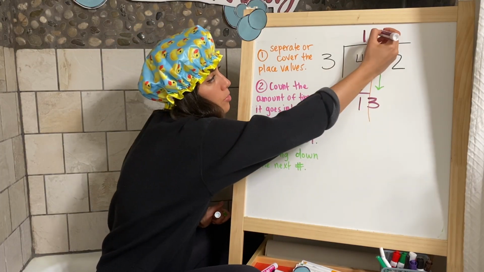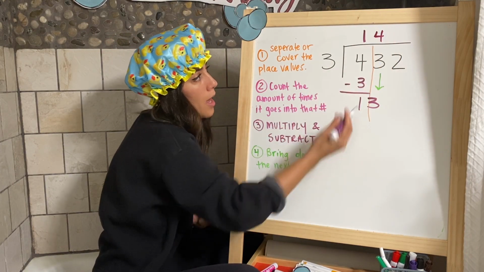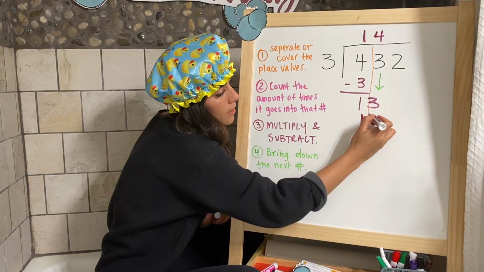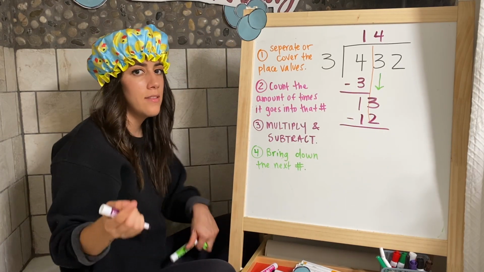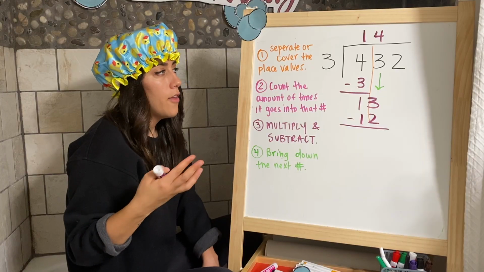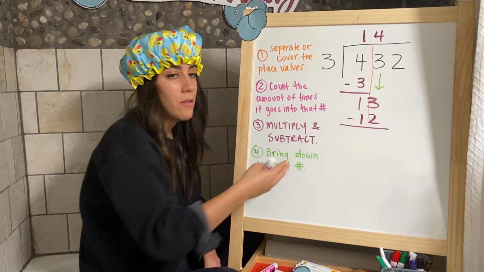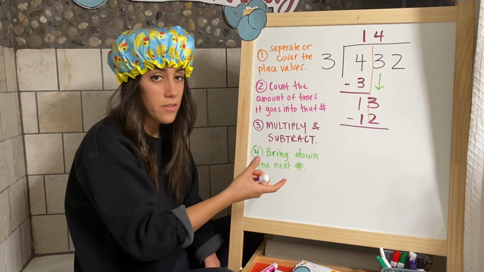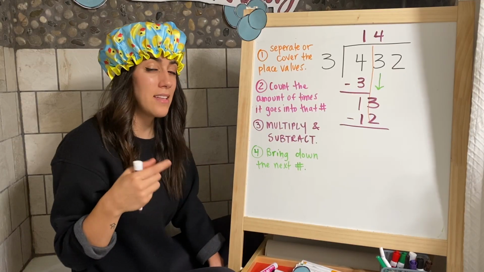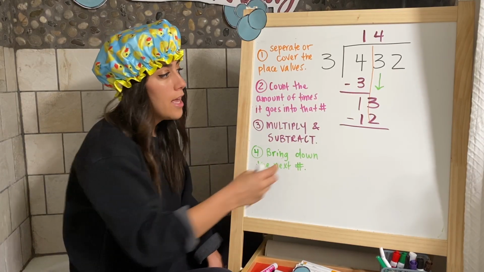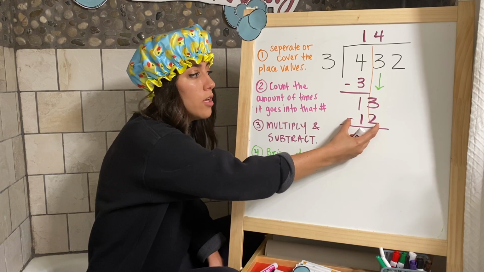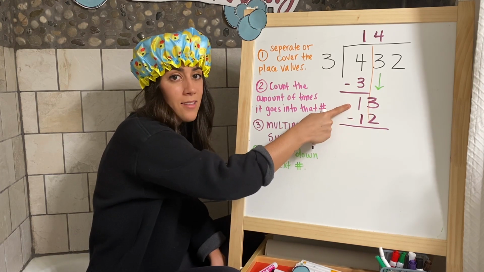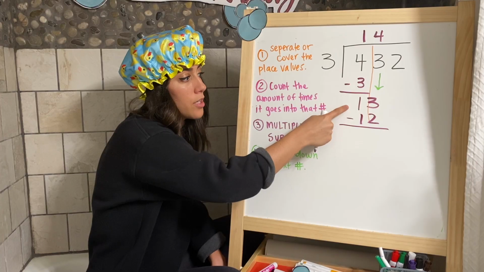So I'm going to put the 4 up here, multiply, gives me 12, and I'm going to subtract. Notice that if I had done 3 times 3 is 9, it would have given me a different number. That still works fine. But had I done 3 times 5, it would have given me 15 and I wouldn't have been able to subtract. That wouldn't have been helpful.